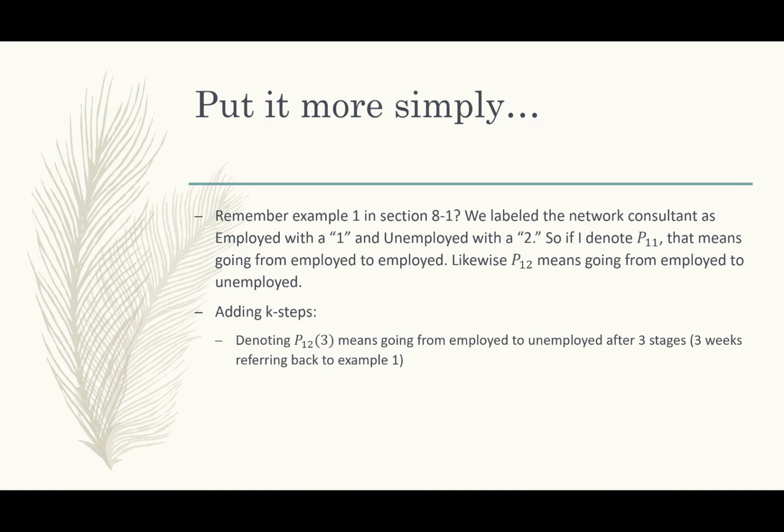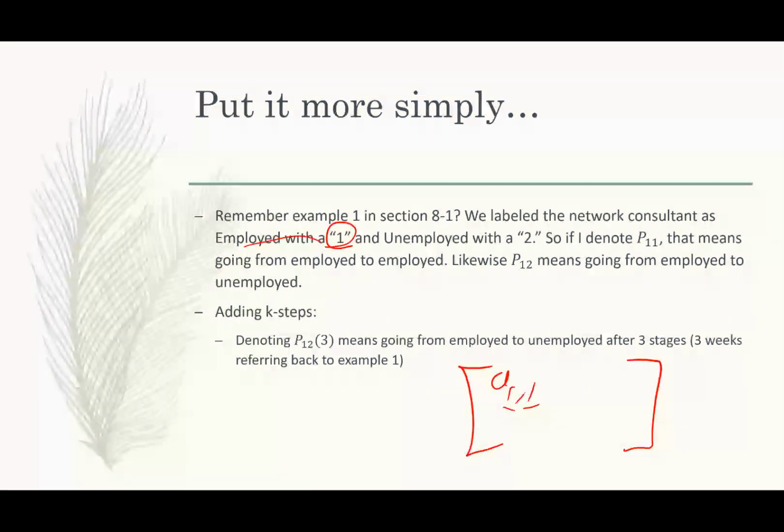So remember, back in 8.1, the example we used was employed and unemployed. We labeled employed with 1, unemployed with 2. When we made our matrix, the A11 spot was first row, first column. Because it was 1 and 1, it referred to employed back to employed.